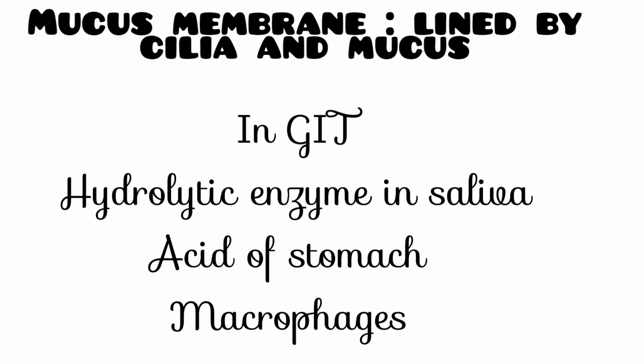The non-specific protection in the gastrointestinal tract includes the hydrolytic enzymes in the saliva and the acid that is produced by the stomach, and various degradative enzymes and macrophages in the small intestine. The pH, as you know, in the stomach is very low, very acidic, so it is also providing an antimicrobial effect.